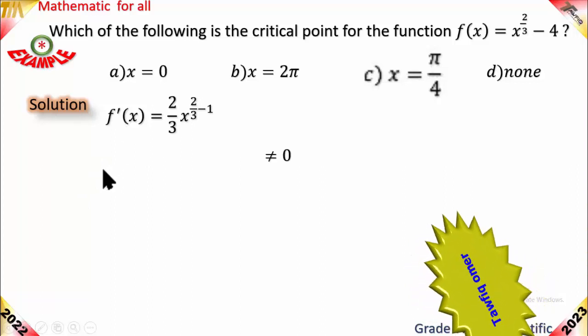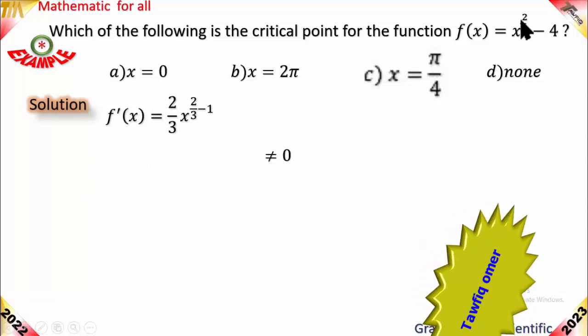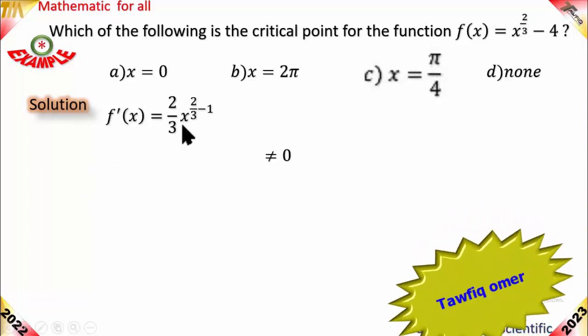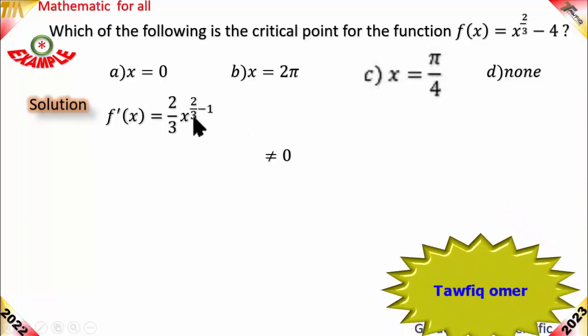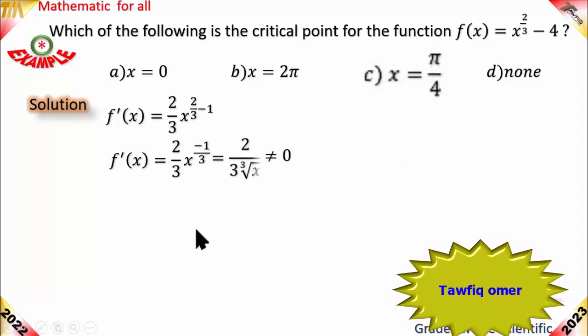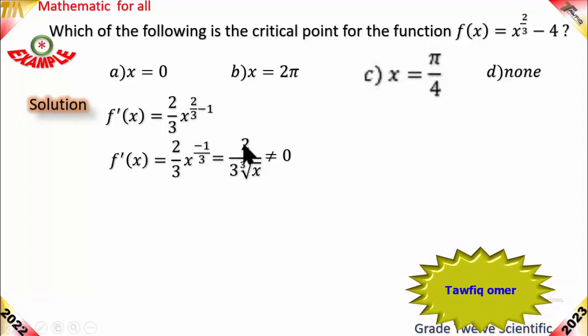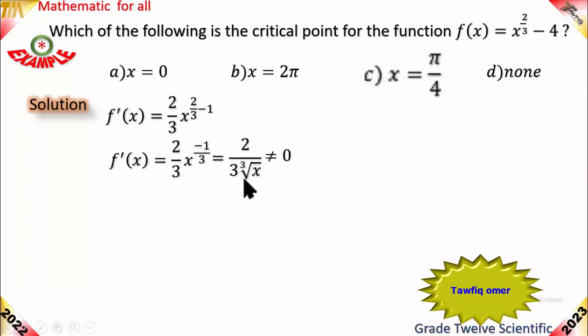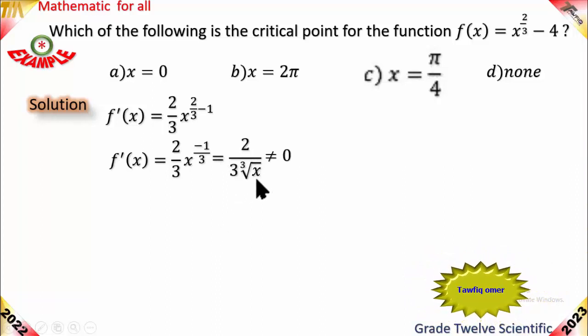The derivative is: write down 2 over 3, then x, take the power minus 1, then simplify it. It becomes 2 over 3 x to the power 2 minus 3, which is minus 1 over 3, and then 2 over 3 cube root of x.